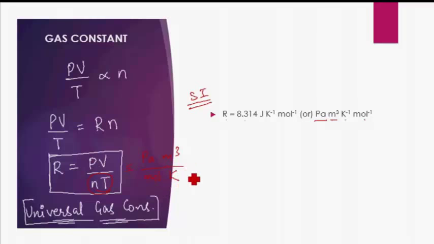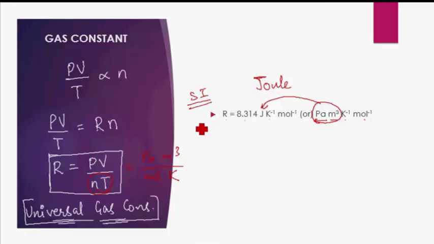So Pascal meter cube per Kelvin per mole, and Pascal meter cube can also be equated to joules, which is the SI unit of energy. Hence R can also be written as 8.314 joule per Kelvin per mole in SI units.